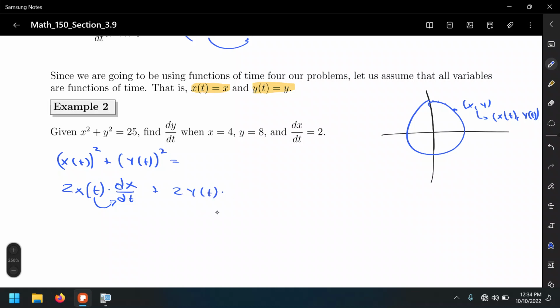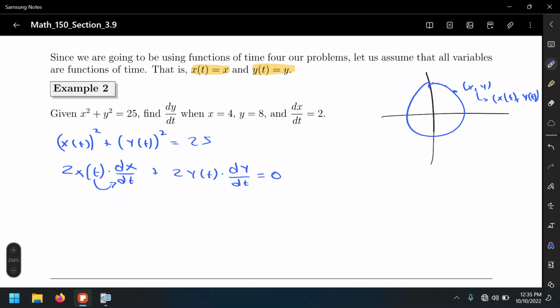But at the same time, this y is still depending on time, so it's changing with respect to time, dy dt. And the derivative of 25 is just 0. So I'm going to erase these t's from x and y. And this is going to give us 2x dx dt plus 2y dy dt.